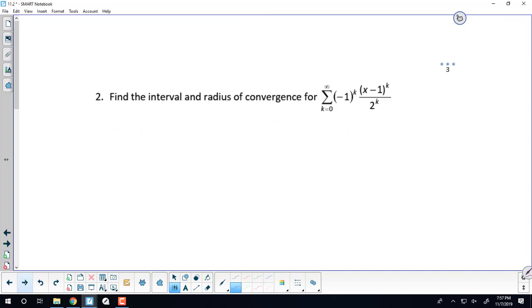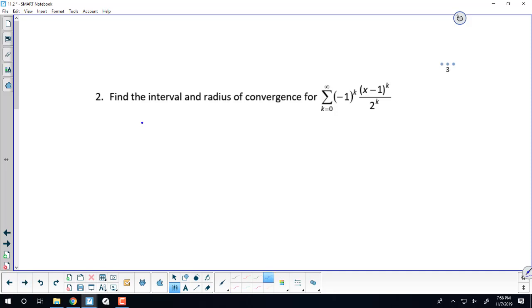So the same problem, find the interval and radius of convergence for the following series. What test would we prefer here, the ratio test or the root test? Root test? Why the root test? You can just get the k. Right, yeah, because everything's just raised to the power of k.